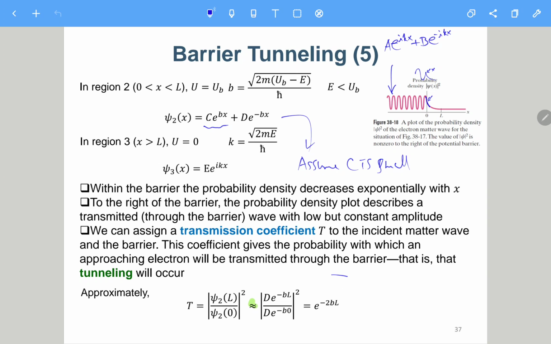And you can see that the probability is related to the thickness of the wall. If you still remember, L is the thickness. So if the wall is thin enough, then the particle is more probable to go through. And this is b.